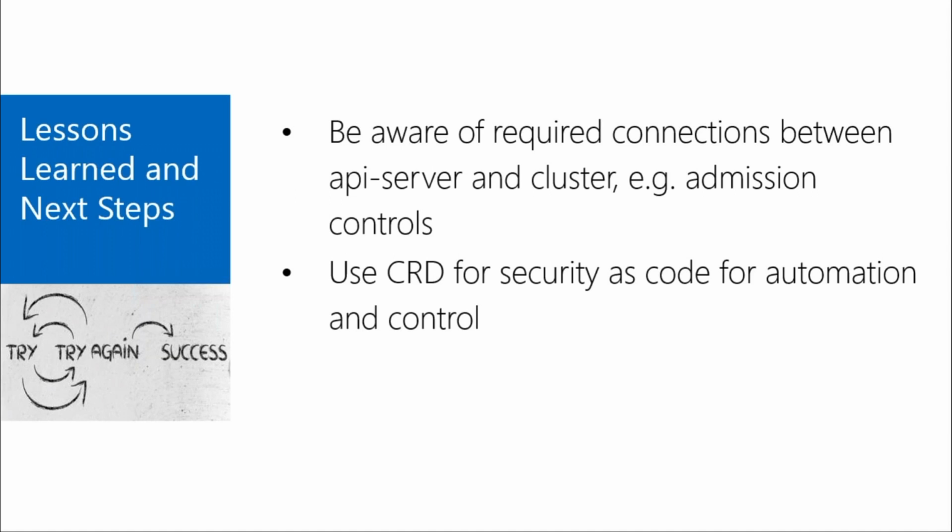The way admission control works inside an IBM managed Kubernetes cluster is different from the way it works in Azure AKS. For example, in IBM, the NeuVector admission control will talk to the VPN pod of your IBM Kubernetes cluster, and the VPN pod will talk back to your master.